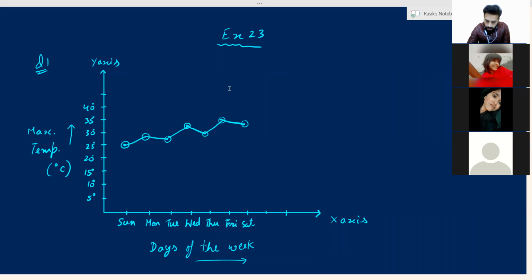So 17, 15.5, okay, correct. 11.4, okay. 12.1, beta, it will be just above 12.